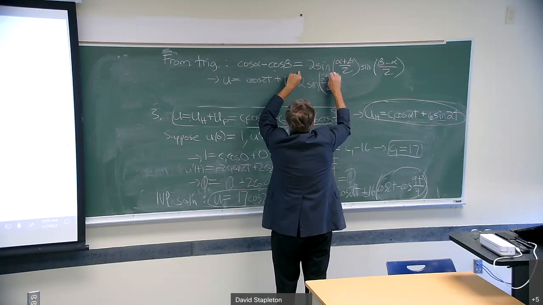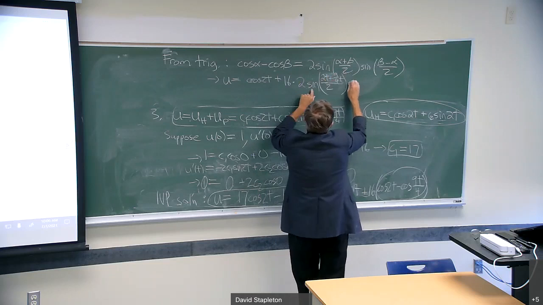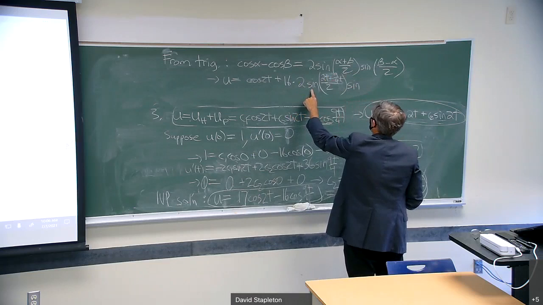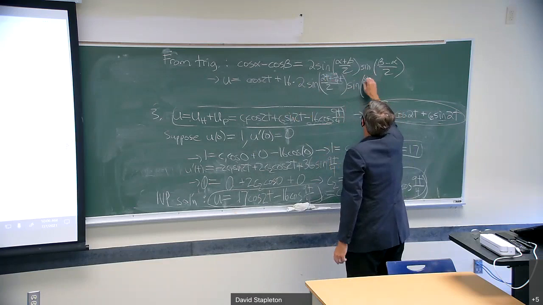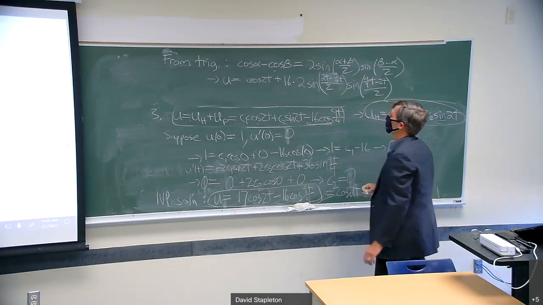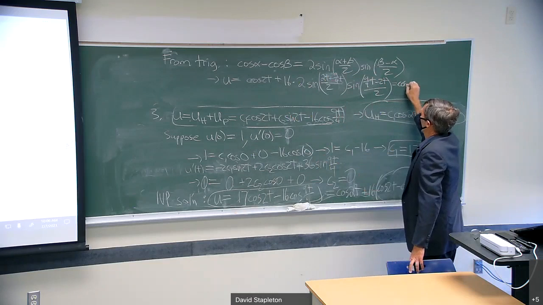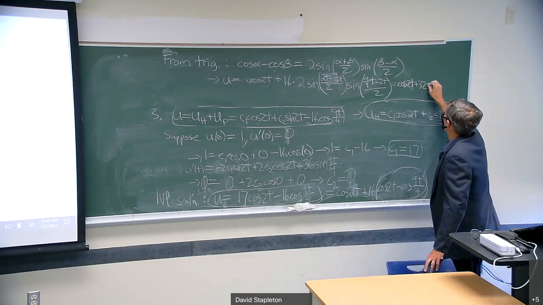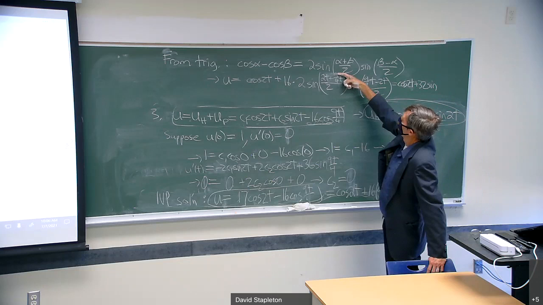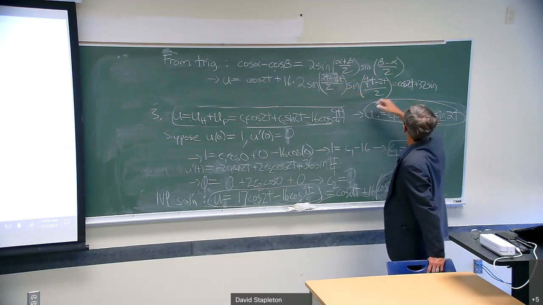Well, so 2t plus 9/4 t, to make it clear what we're doing, times sine of 9/4 t minus 2t all over 2. Now what we have is cosine 2t plus 32 sine of, let's see, 17/4 over 2 is 17/8 t.